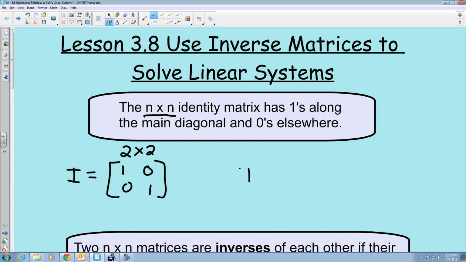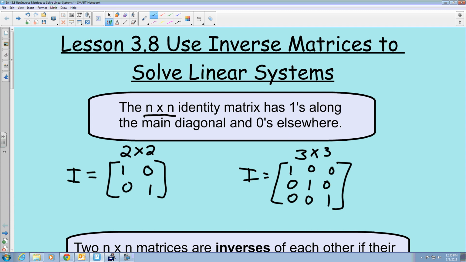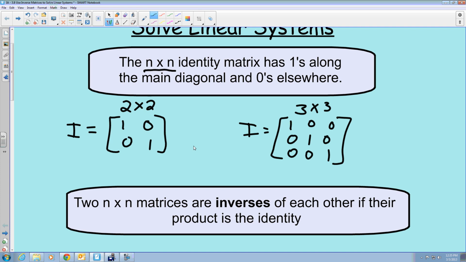If I had a 3 by 3 matrix, I would have ones along the main diagonal and then zeros elsewhere. The reason why I'm explaining that is that if you take two n by n matrices and want to make sure that those two are inverses, their products will make up the identity.